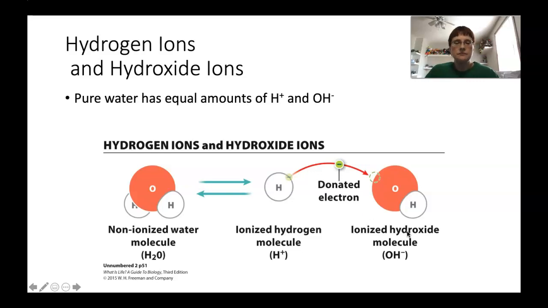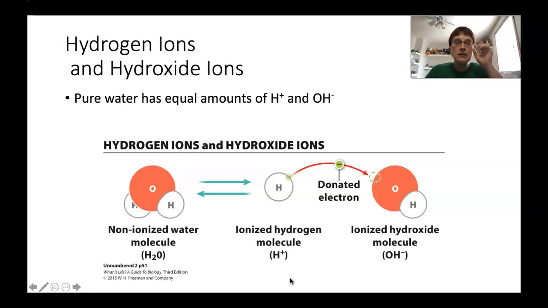These two ions, the hydrogen ion and the hydroxide ion, are the two we're going to look at as we talk about acids and bases, what they are, and then acid-base reactions.